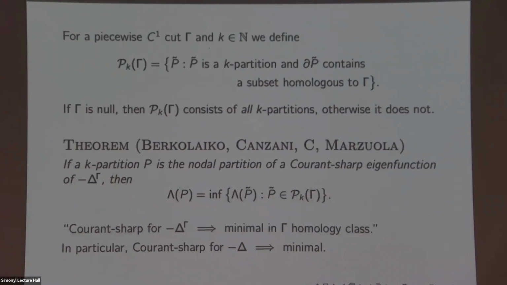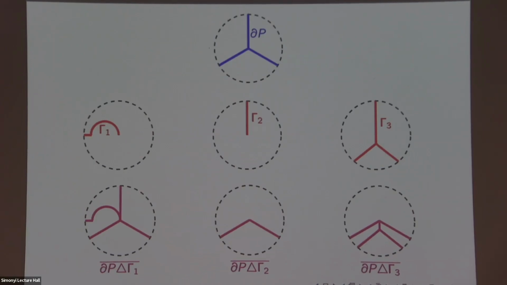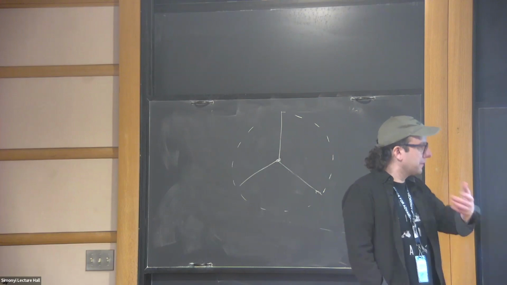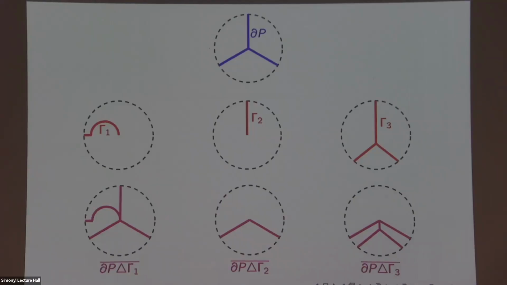Going back to this picture here, according to this definition of homology that we have, which doesn't agree with the algebraic topology definition when you view everything as singular chains, this gamma 3 is not homologous to the boundary set of P. That feels kind of weird, because obviously one is just a small deformation of the other, but in the sense of homology that we need for our min-max arguments to work, that does not count as homologous.